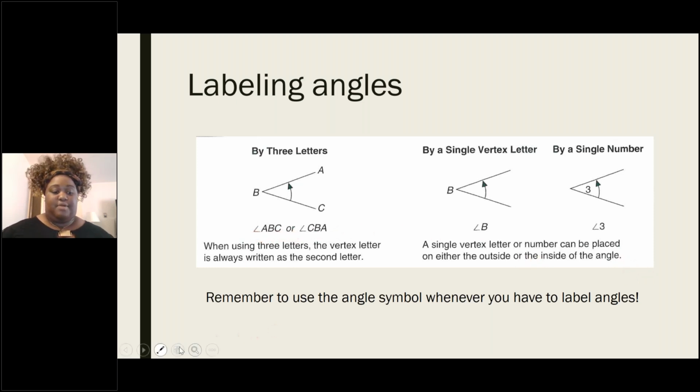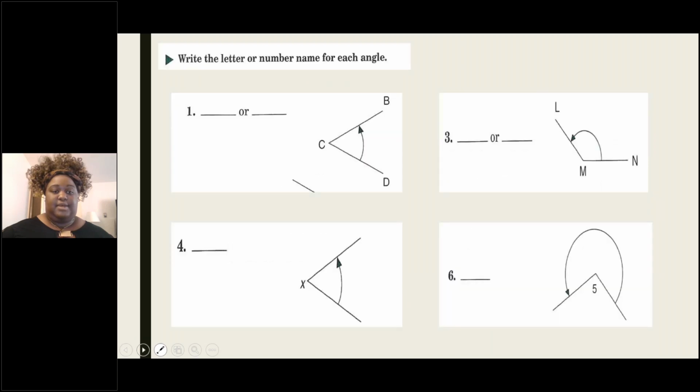Now we're going to practice labeling angles a bit. You can ignore that line there. We have this angle here, and we need to figure out how we would label it. There are 2 different ways. I'll give you a minute to answer that.